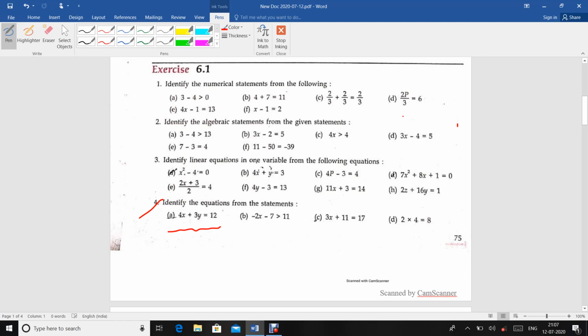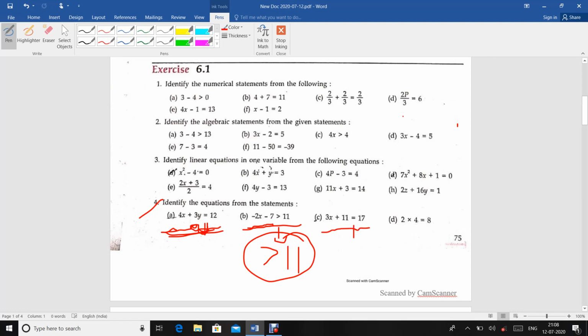Firstly, you can see 4x plus 3y is equal to 12. The sign of equal is present in this statement, so it is an equation. The next is minus 2x minus 7 is greater than 11. Here no sign of equality is present, so this is not an equation. 3x plus 11 is equal to 17.